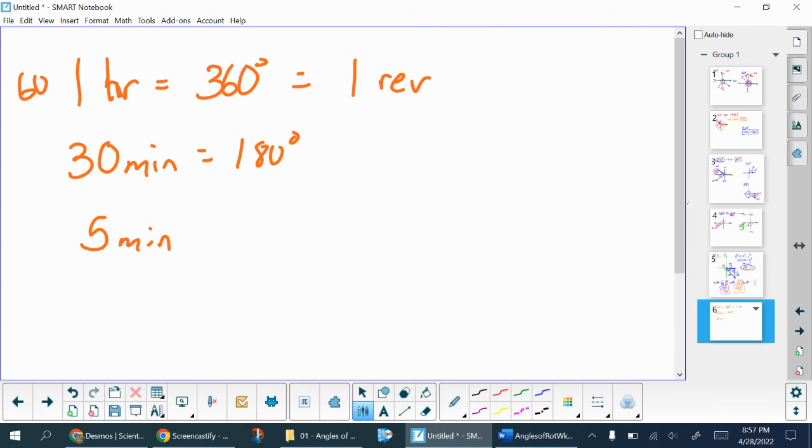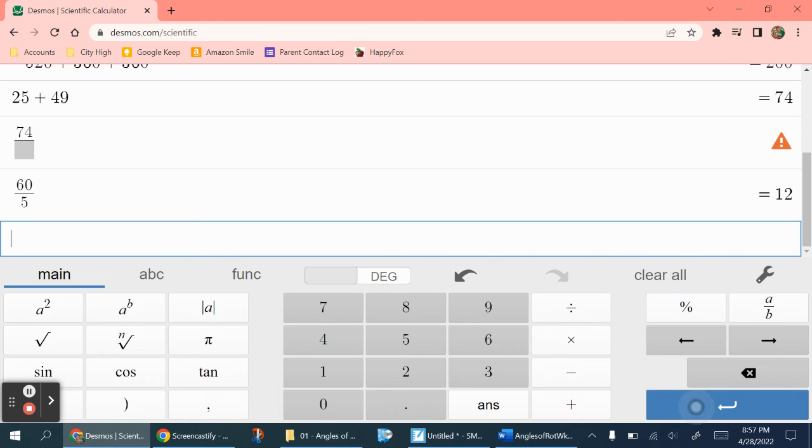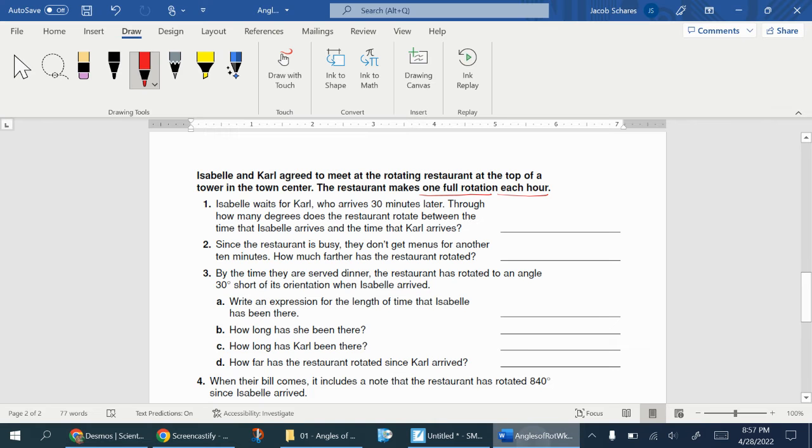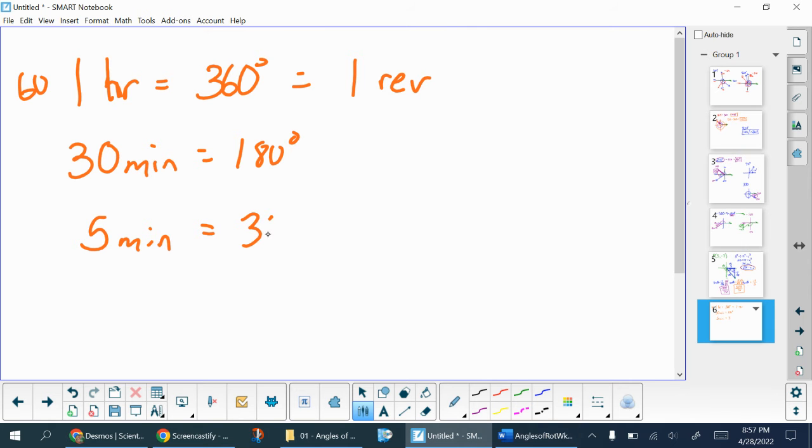So that's going to be 1/12 of that. Since it's 1/12 of an hour, it's 1/12 of 360. And so 360 divided by 12 gets me 30 degrees. So 5 minutes turns out to be 30 degrees. 10 minutes would be 60 degrees. And we can just come up with this ratio here. It's just a fraction of the time gives you a fraction of the degrees.